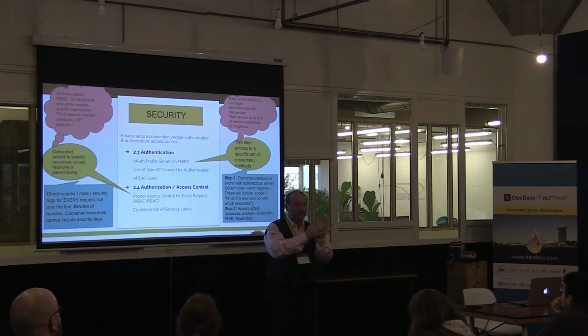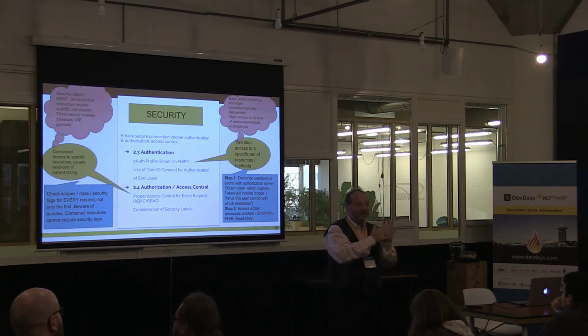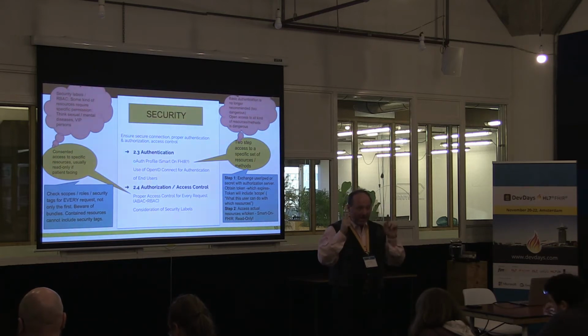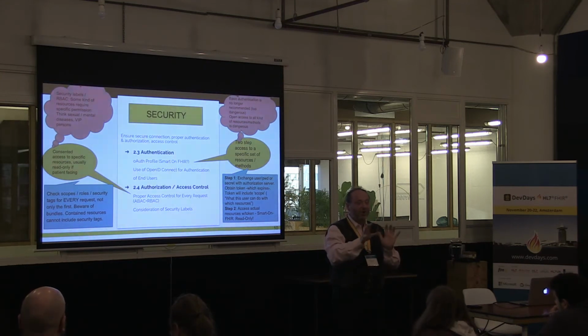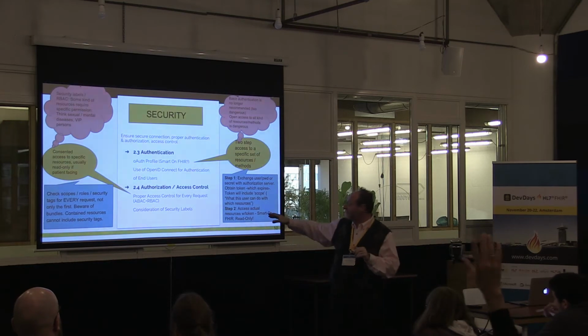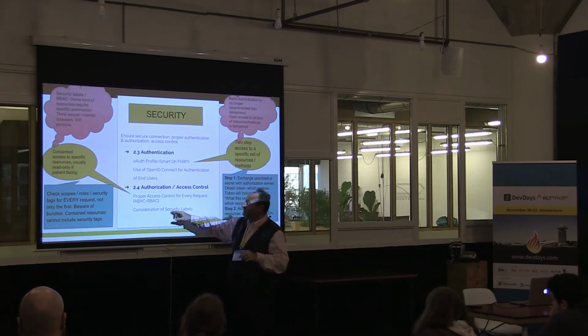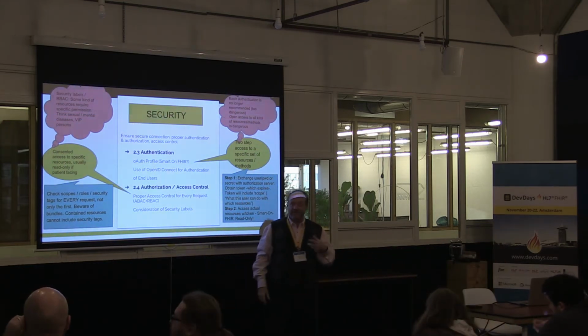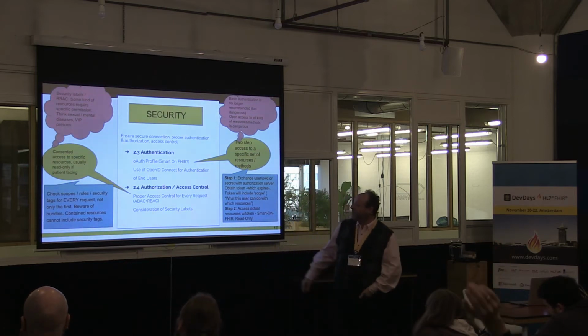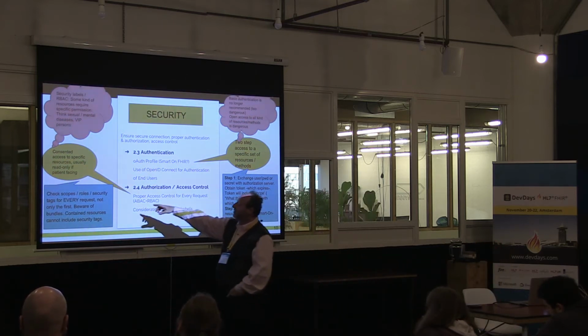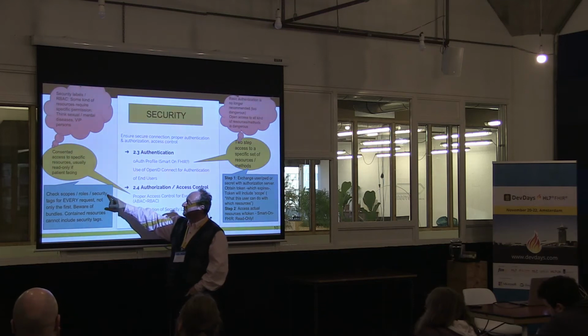In each resource in FHIR, you can put a special tag, saying, okay, this one is not a regular condition. This is a more confidential condition. So you have to take that into account in your app to make sure you don't show some resource with a specific security label. So you have to check scopes, you have to check roles, and you have to check security tags for every request.